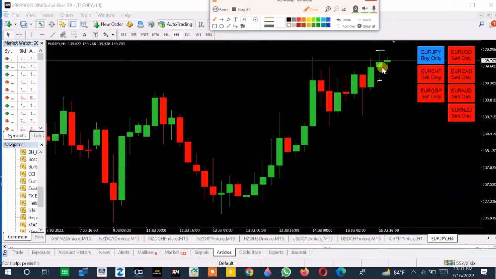Above the latest closed candle's high, 5 pips above, we make a buy stop.